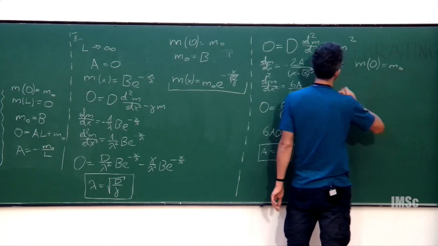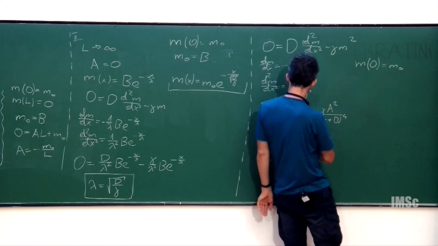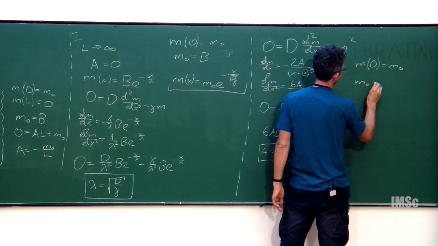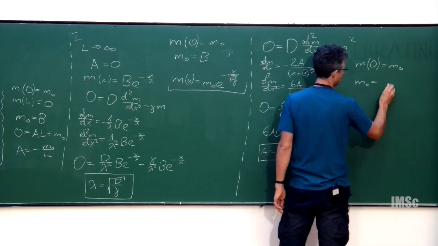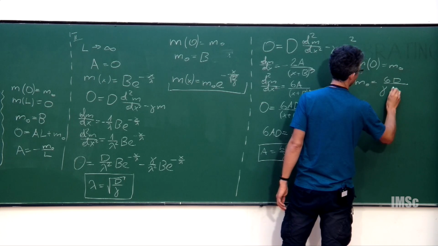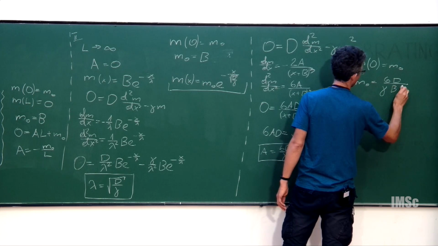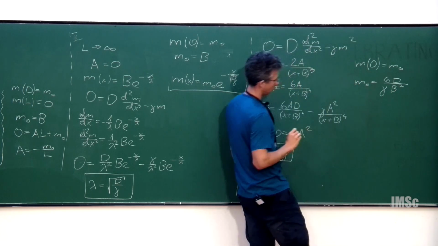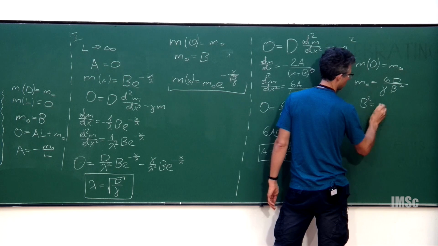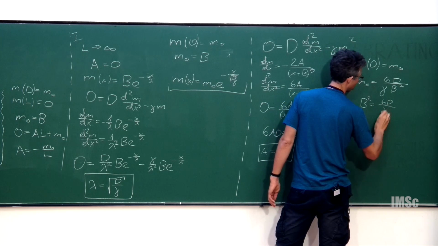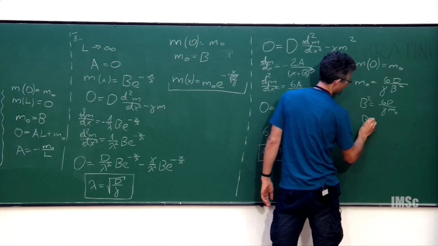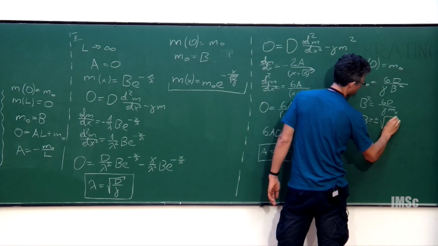This one, and now I plug it in, I already have my A, so M0 is equal to, okay, and now again we have beta squared, and now okay we take the square root. Okay, two solutions are possible.